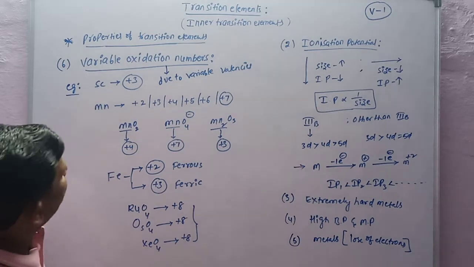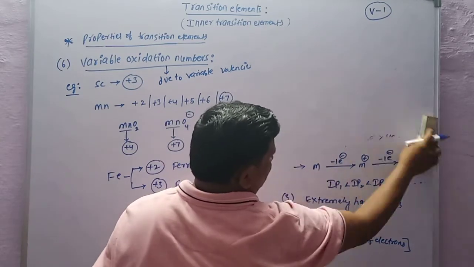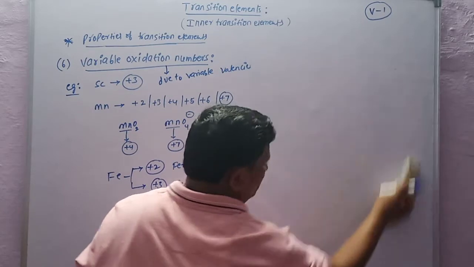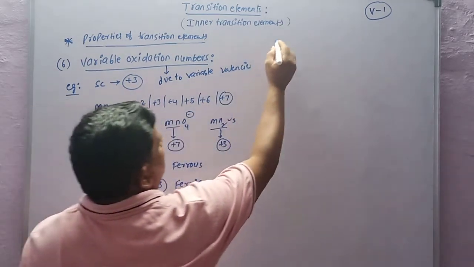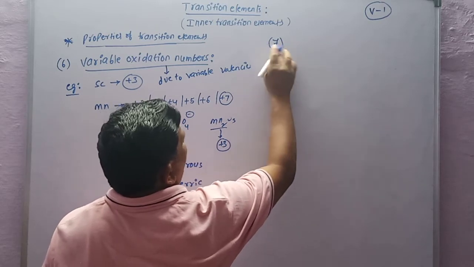Next is the magnetic property of the transition elements. So the seventh one is magnetic nature.